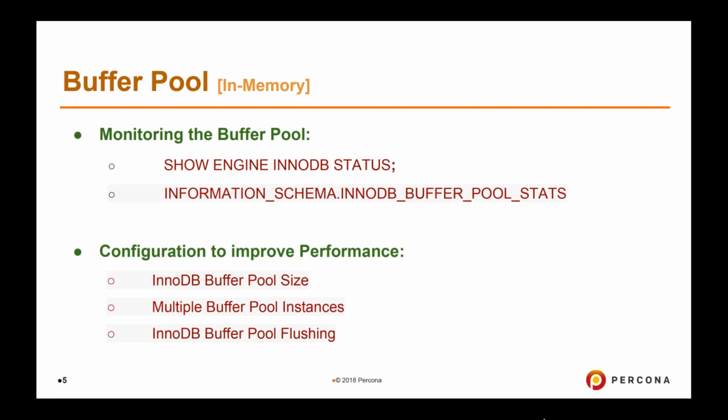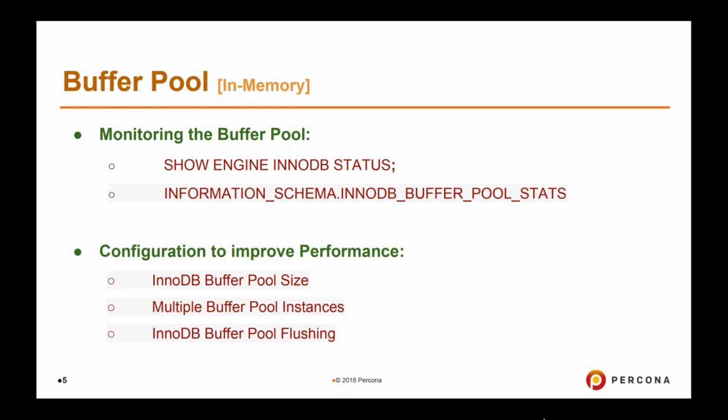There will be concurrent transactions and concurrent requests, and after some time there will be congestion. So to avoid that traffic, you can divide your buffer pool into instances. The only condition is the buffer pool size should be more than 1 GB.